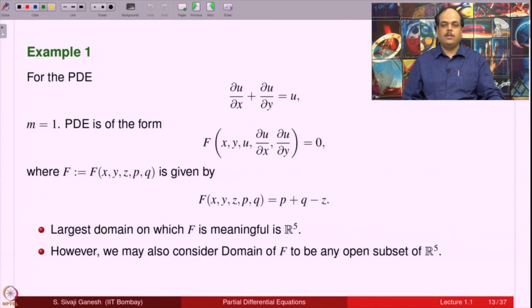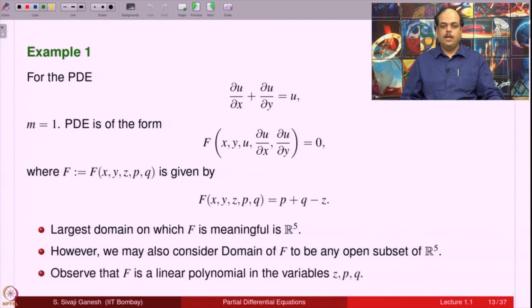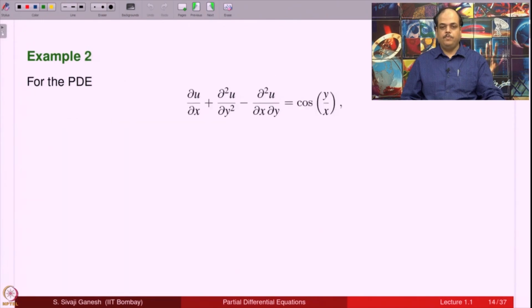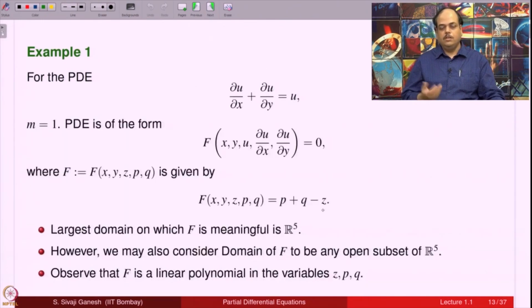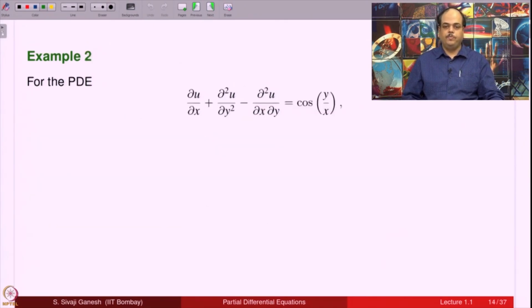However, we may also consider the domain to be any open subset of R5, that is also okay. Observe something nice about this F. It is a linear polynomial in the variables p, q and z. Of course, x and y do not appear, therefore you can say it is a linear polynomial in all the variables.